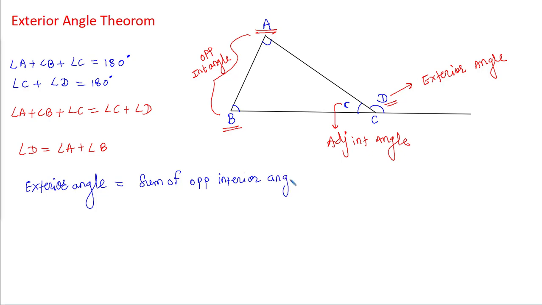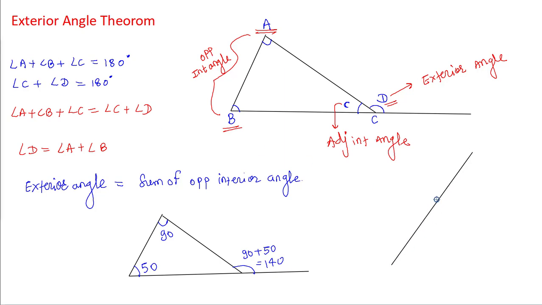The measurement of the exterior angle is equal to the sum of the measurements of the opposite interior angles. For example, if this angle is 90 degrees and this angle is 50 degrees, the measurement of this angle becomes 90 plus 50, that is 140 degrees.